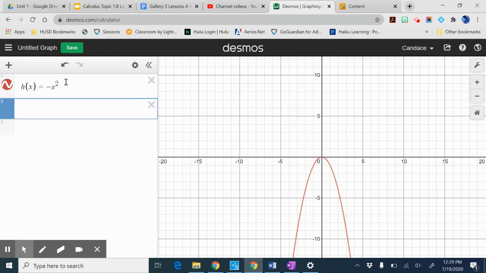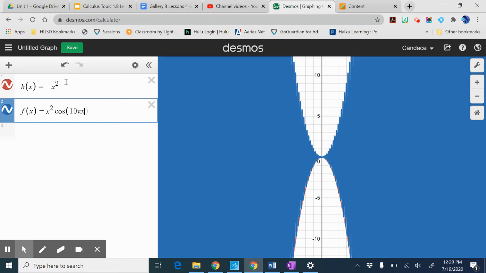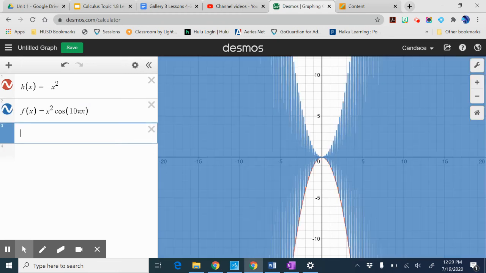Then we've got f of x equals the crazy mess, x squared cosine of 10 pi x. Oh my goodness, look at that. And then g of x equals x squared.